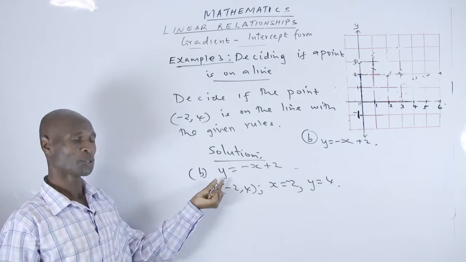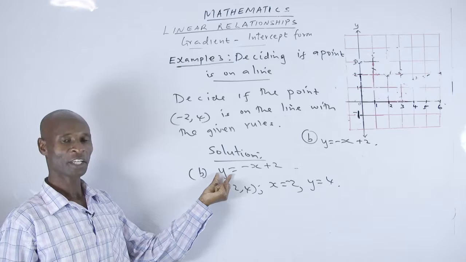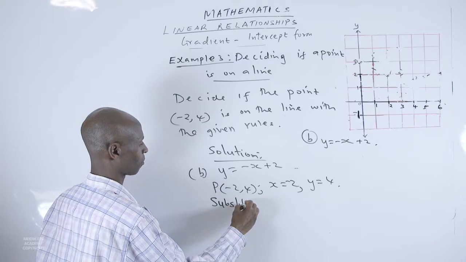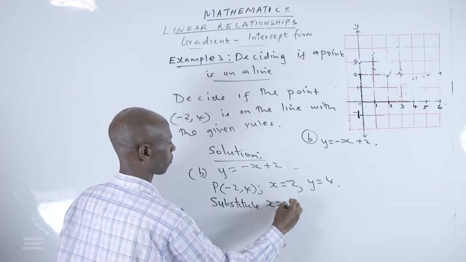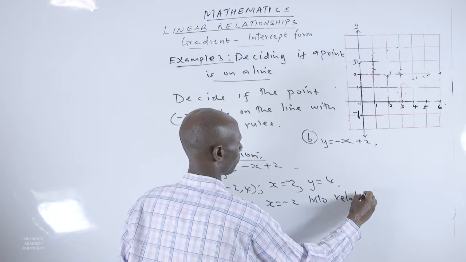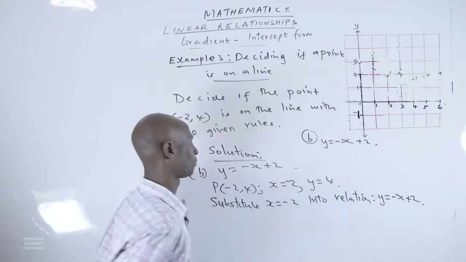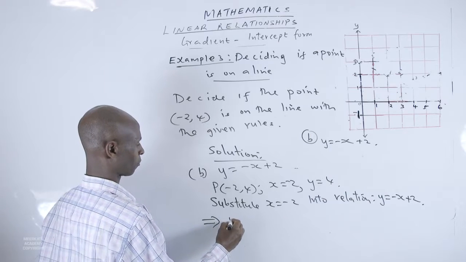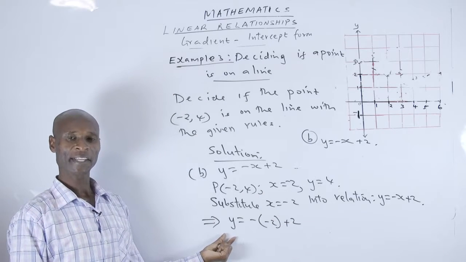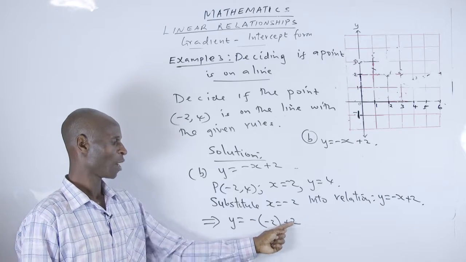Again, we substitute the value of x is equal to -2 into the relation y is equal to -x plus 2. So this implies that y is equal to negative into negative 2 plus 2.